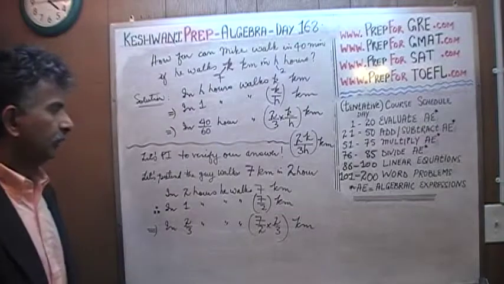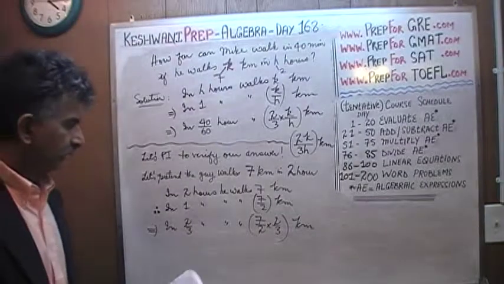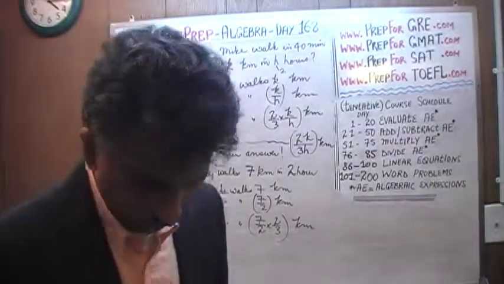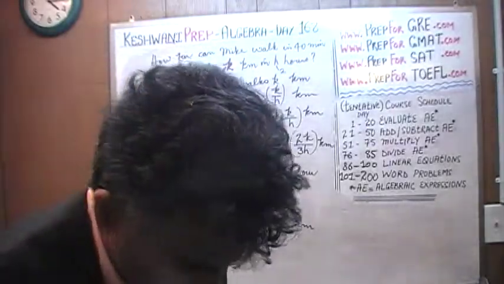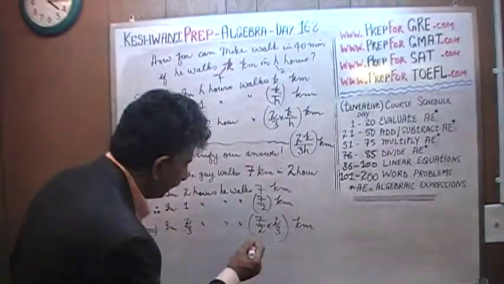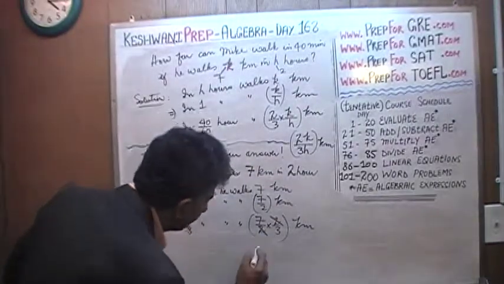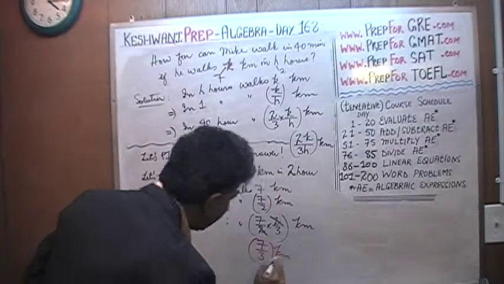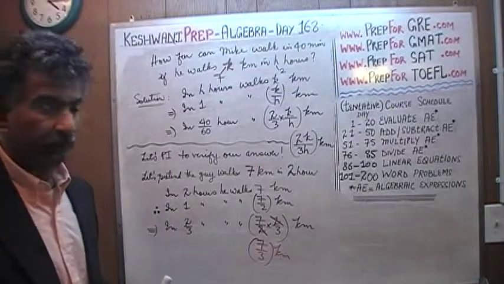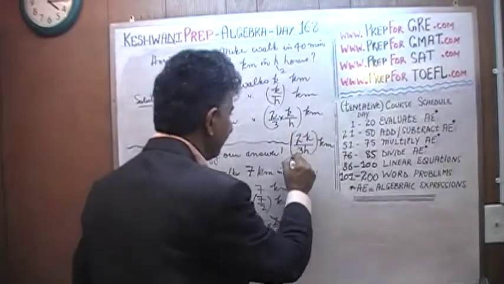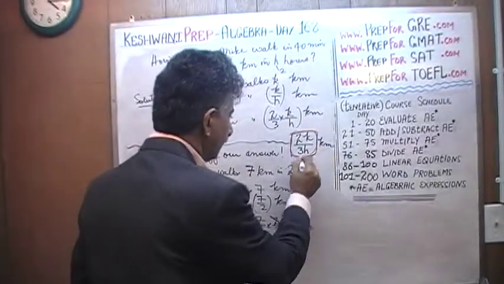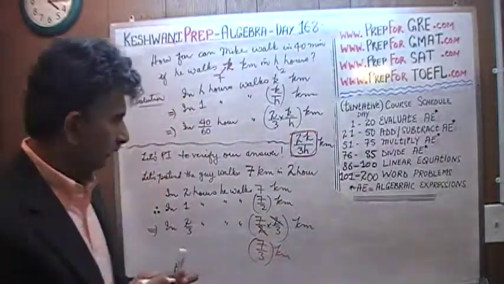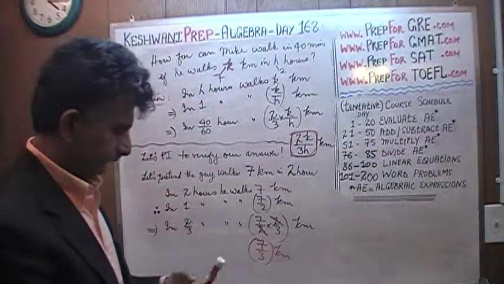Let's see what that gives us. 7 over 2 times 2/3. This 2 is going to cancel out and we end up with 7 over 3 kilometers. Now what we have to make sure is that the answer that we came up with better give us this. Let's find out.